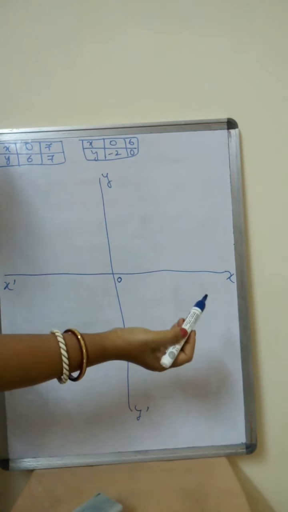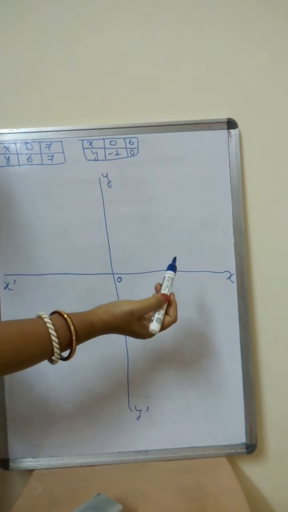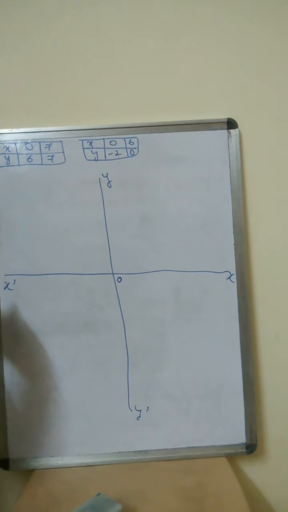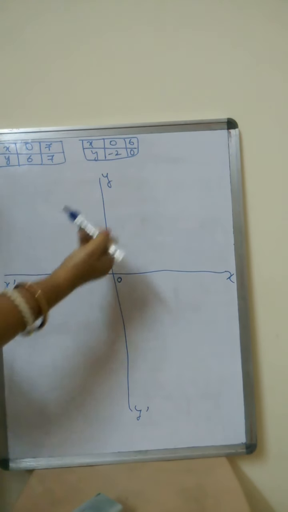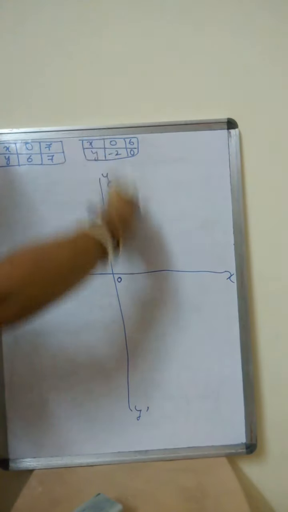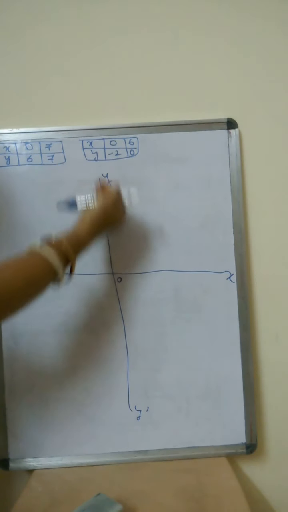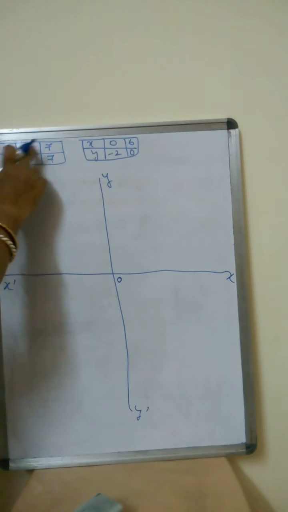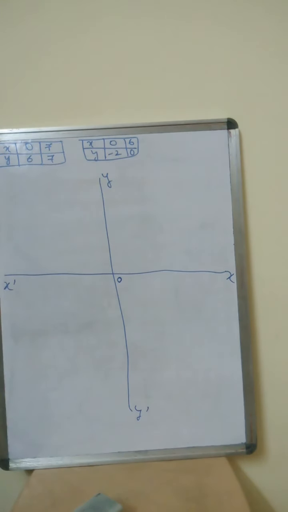On the right hand side of the origin will be all the positive numbers. On the left hand side will be the negative numbers. Similarly, on the top part of the origin will be positive numbers, and below will be negative numbers.